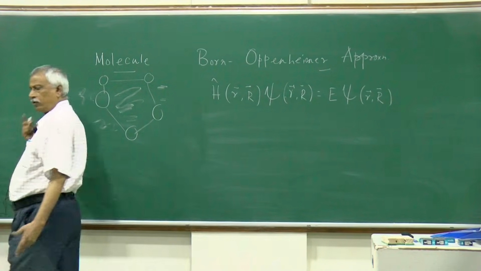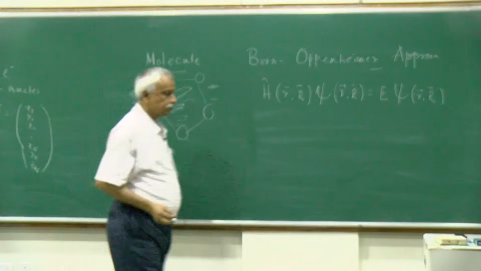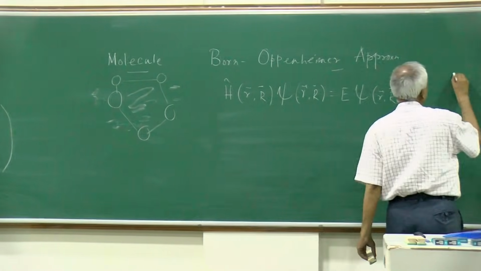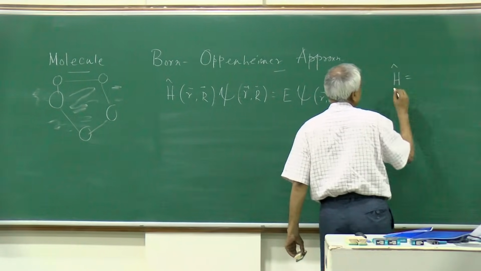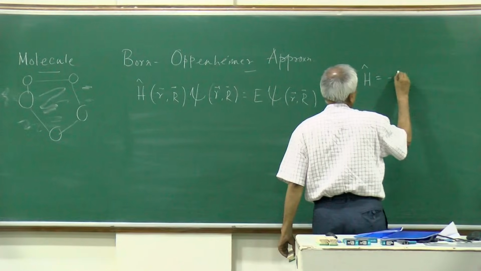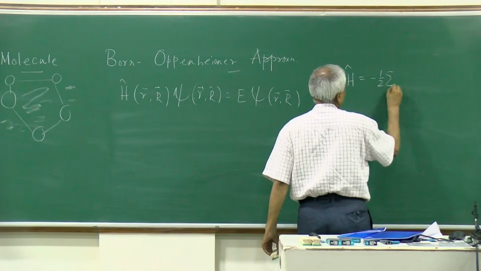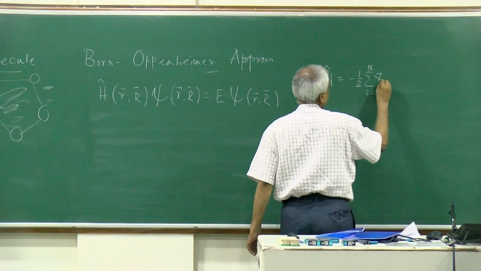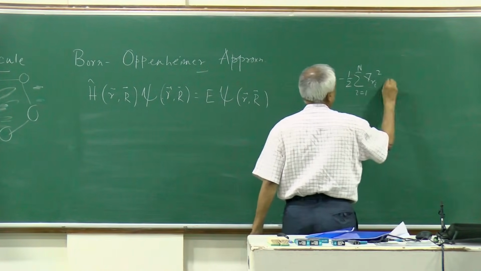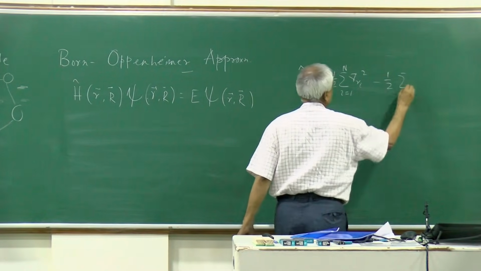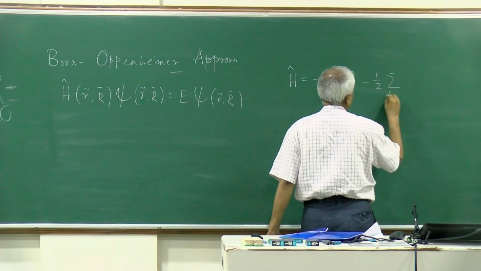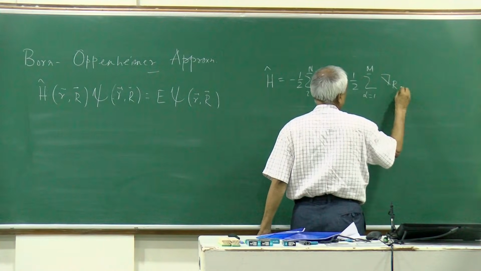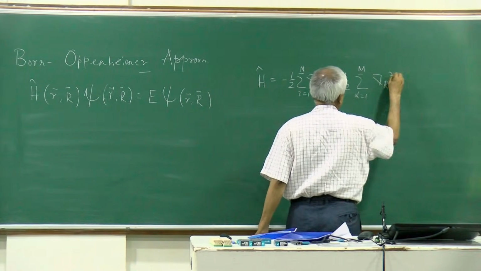For a given molecule, let's say, we can write the molecular Hamiltonian: minus half sum over i from 1 to n del r_i square, minus half sum over, let's say, alpha from 1 to m del R_alpha square.